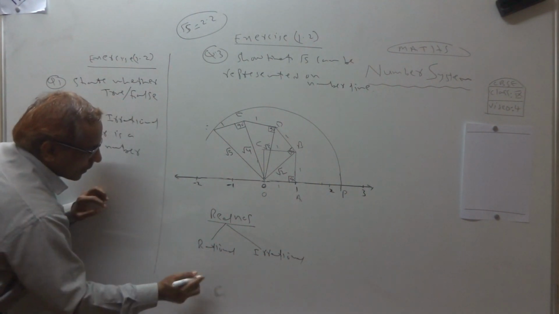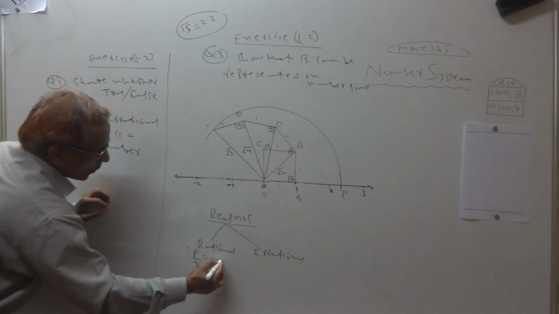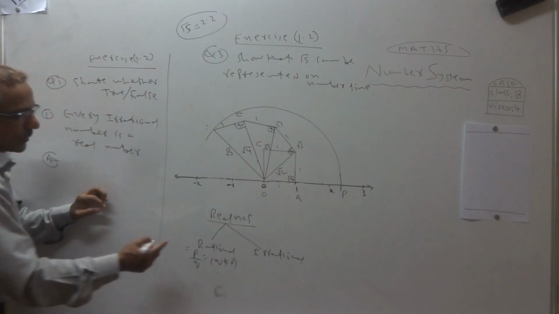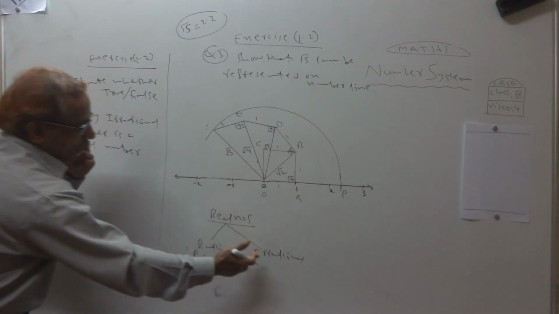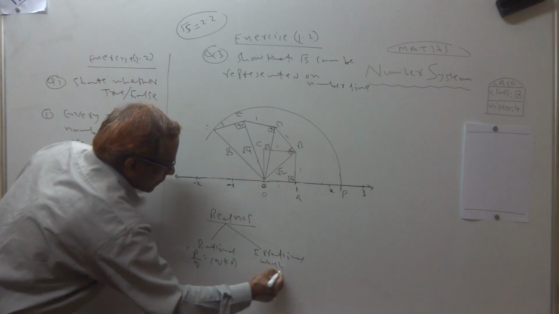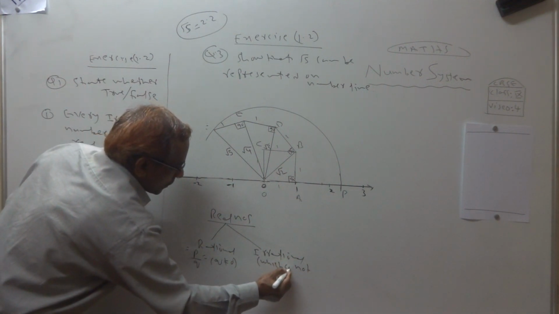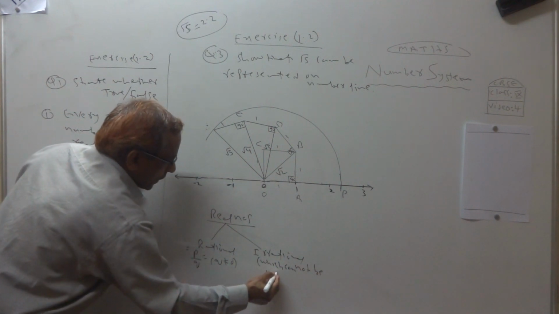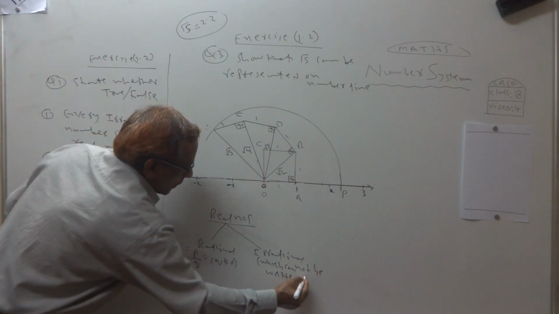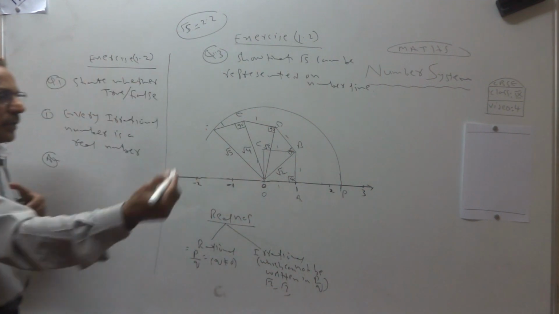Rational means a number of the type p by q, where q is not equal to 0 and p, q are integers. All fractions which cannot be written in p by q form are irrational. So root 2, root 3, all such roots are irrational.